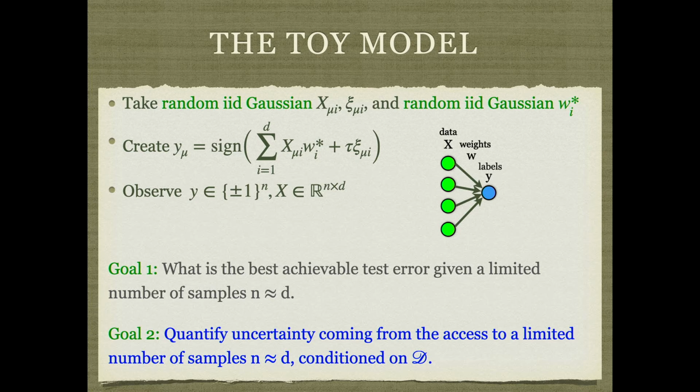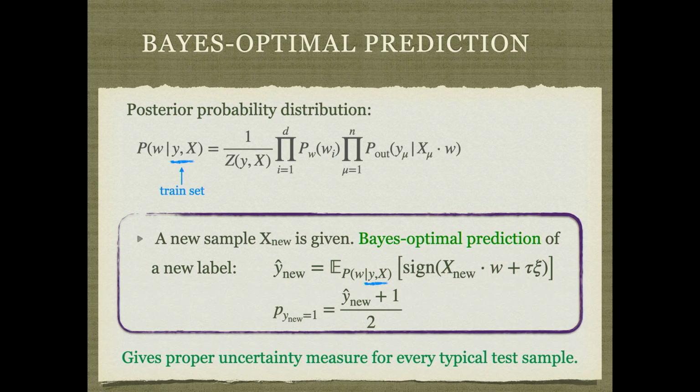So under this model, we can actually get a proper answer, and the proper answer comes from Bayesian inference. So we write the posterior probability distribution, and here we know that our labels were created from a given probability distribution that was just stated on the previous slide, so we use that knowledge, write the likelihood, the prior, the normalization, this gives us the posterior.